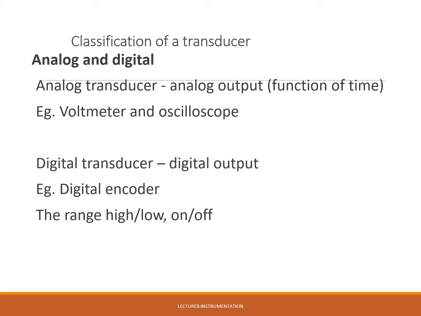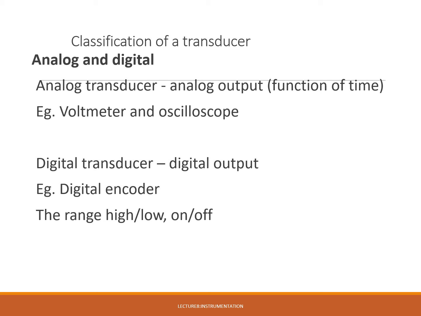Then the second type of classification of a transducer is in terms of analog and digital. An analog transducer has an output that is analog, which is a function of time, for example a voltmeter and an oscilloscope.